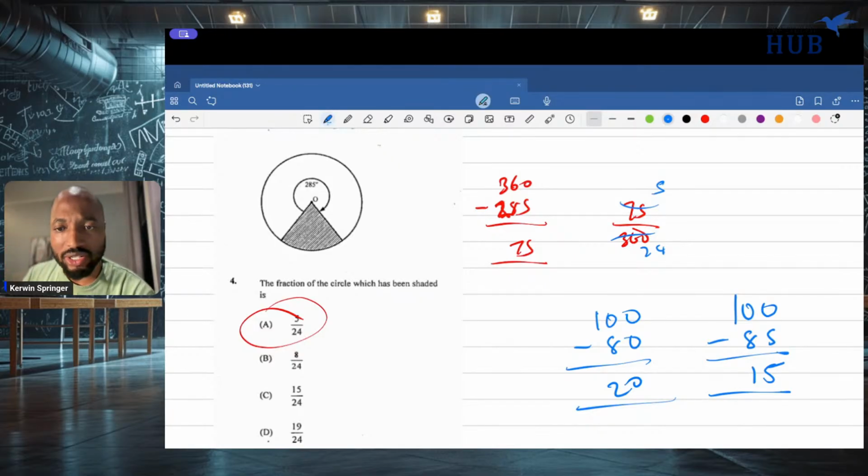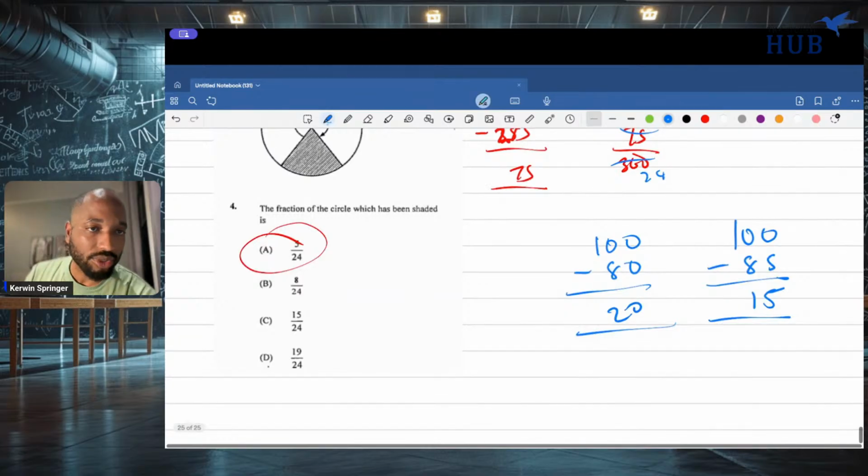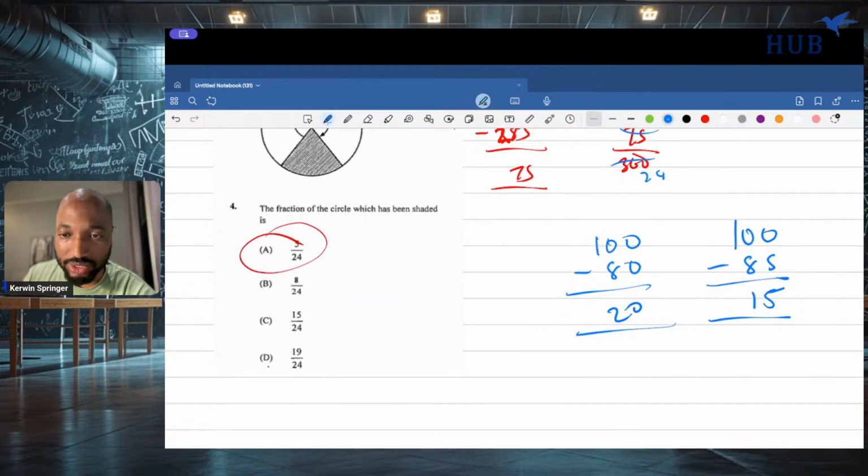Are they trying to make me break the laws of mathematics here? So 15 plus 60 is 75. So 75 over 360 is 5 over 24. I'm done with this question. I'm ready to move on to the next question. 5 out of 24 is the answer.